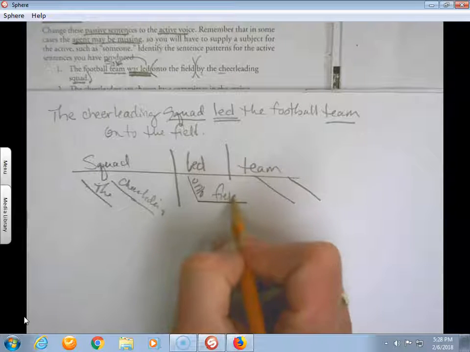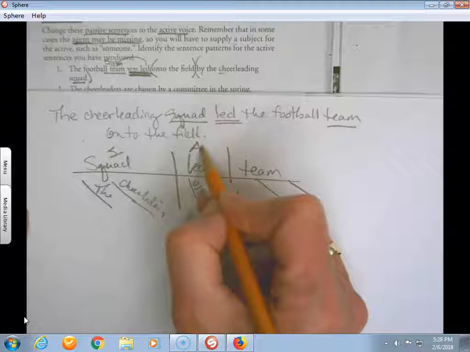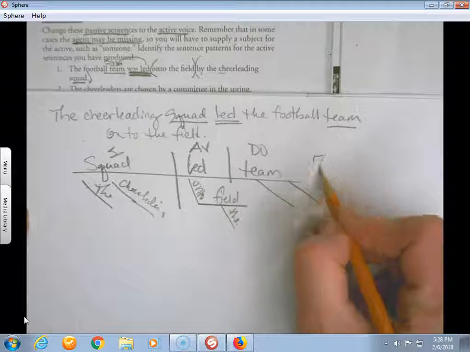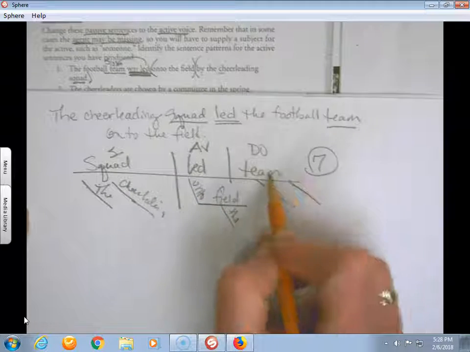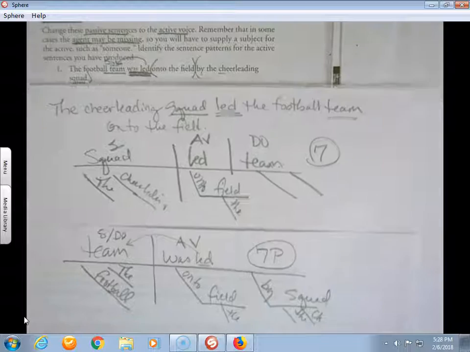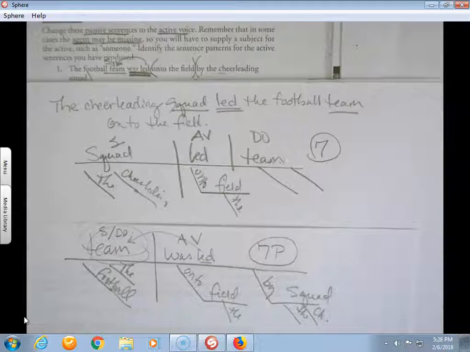Onto field. The field. Okay. Subject, action verb, direct object. Very simple. So it's a 7, not a P, because the direct object's over here where it belongs, right? In our passive voice sentence, the direct object was in the subject slot. That is what constitutes a passive voice sentence, when the direct object, or the indirect object, if you have one, is in the subject slot.